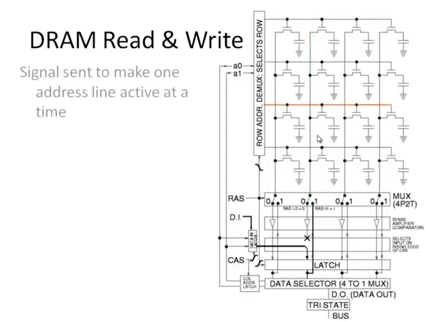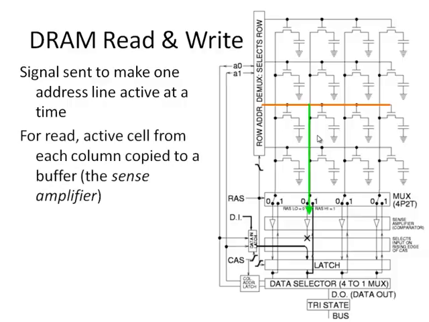So for reading and writing, the signal is sent to make one address line active at a time. Then when we're reading, normally we would read a whole word at a time. So what would normally happen is you make one address line active and you copy all of the bits down at the same time.